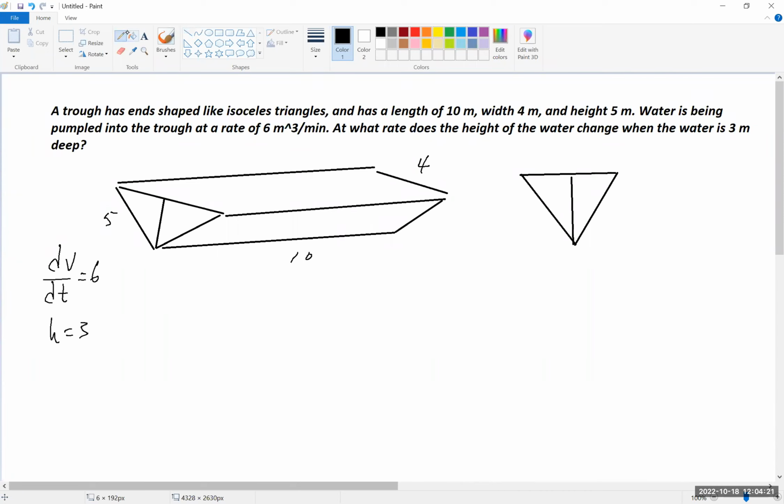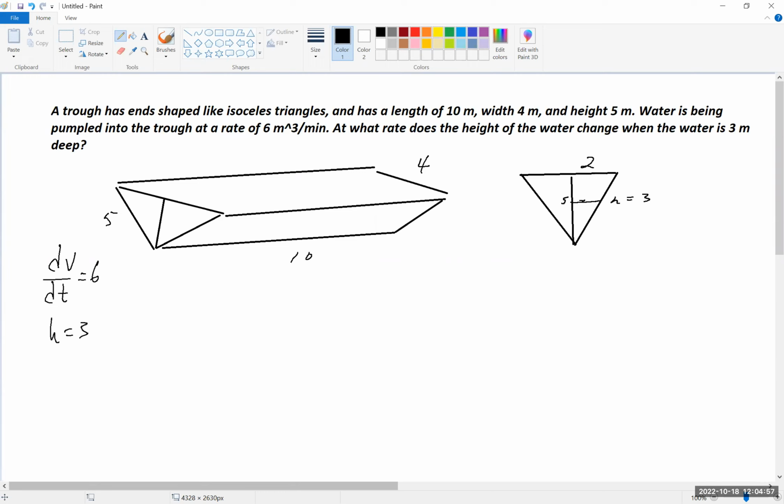So knowing that this is 5, and of course the whole thing is 4, but we might want to say that that's 2. And the 3 is going to be somewhere along this line here. Maybe we'll draw it a little cleaner than that. This is where h is 3.